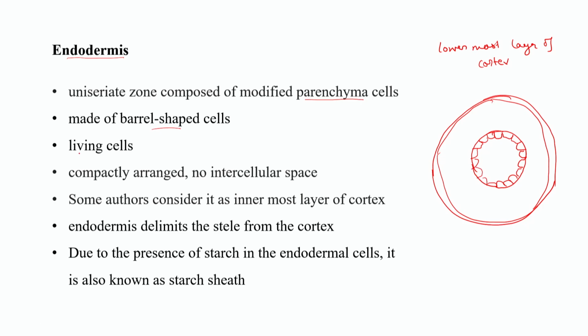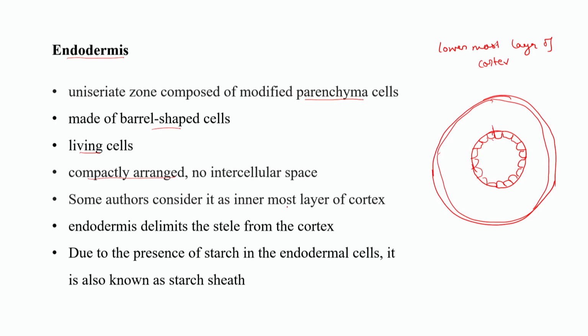They are living cells because they are parenchymatous in nature. They are compactly arranged. So that is the difference between cortex and endodermis: in cortex those parenchymatous cells were loosely arranged, but in endodermis they are compactly arranged. There is no space between these cells.